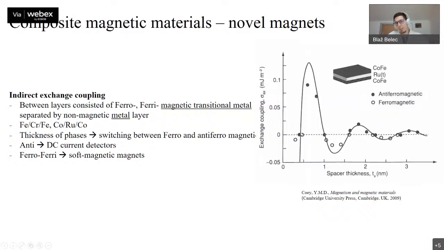You can see here that depending on the spacer thickness, we can have in this case antiferromagnetic materials, those black dots, and in some cases ferromagnetic materials. And this is very important, for instance, antiferromagnetic material for DC current detectors, or ferromagnetic material for soft magnetic magnets.